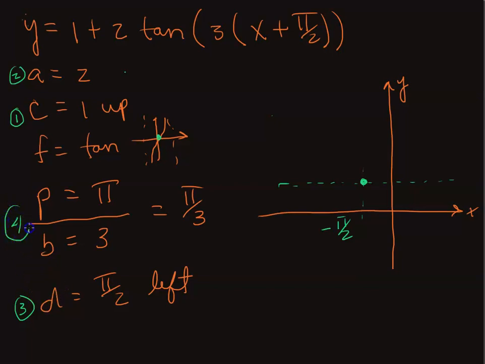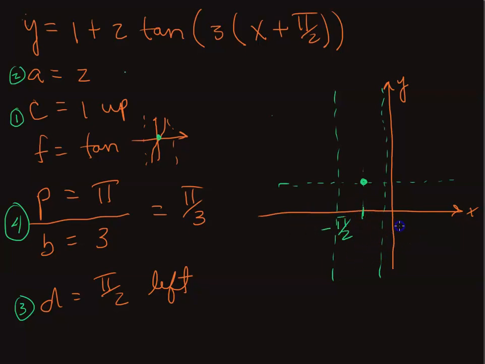And now we use this pi over 3. From the center, for the left to the right, has to be pi over 3 units. But that means that each way, I've got to go pi over 6 units. So this is over here, and this is over here. Well, this point is pi over 2.